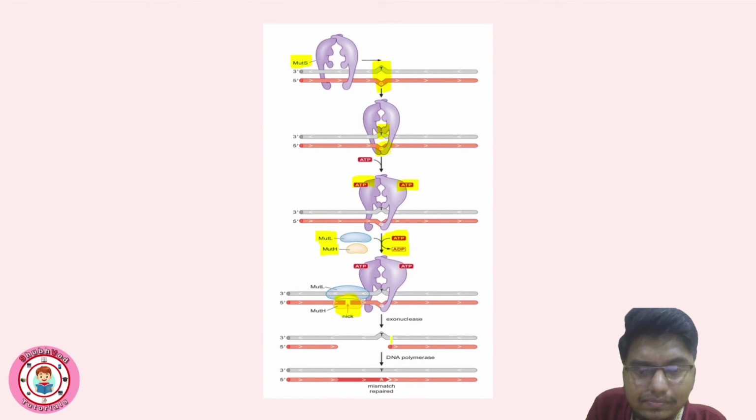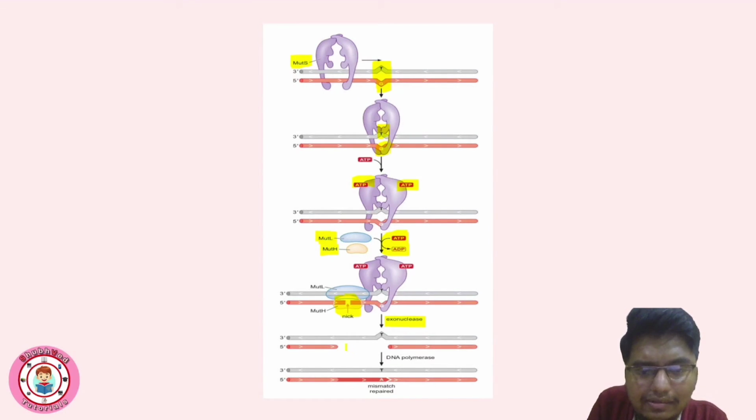Then comes helicase, UVRD. In the picture the helicase is not shown, but we know helicase is to unwind the DNA. DNA is double stranded, so to cut the strands, helicase is there to unwind the structure. And then the exonuclease will come and digest the strand.